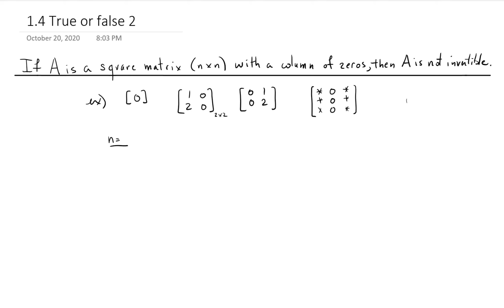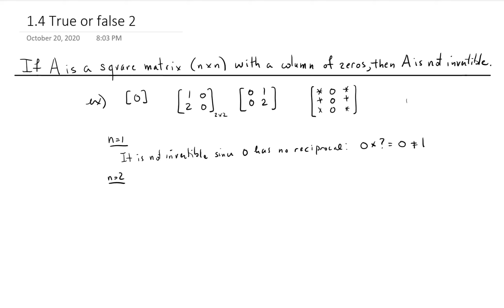If n is 1, it is not invertible, since 0 has no reciprocal or inverse. And the reason for that is 0 times anything is always equal to 0, and it's never going to be equal to 1.